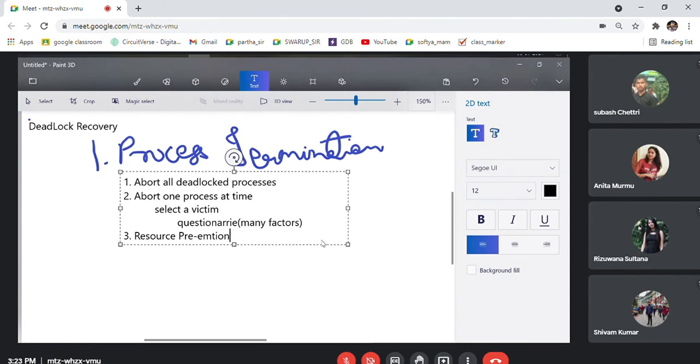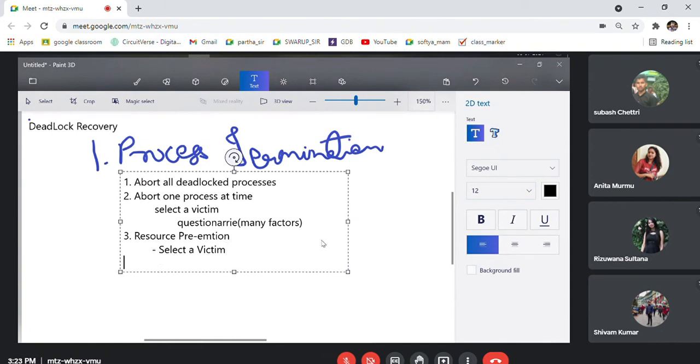Give it to someone else so that it can finish its task. Again, from which process will you snatch resources? There are many processes, from whom will you take the resource? Again, you'll have to select a victim: which resources and which processes are to be preempted.